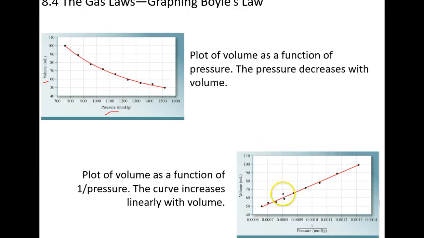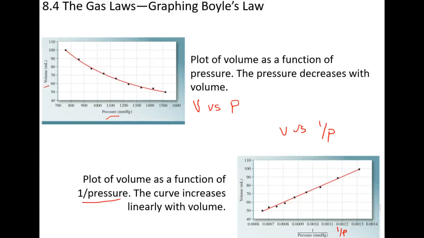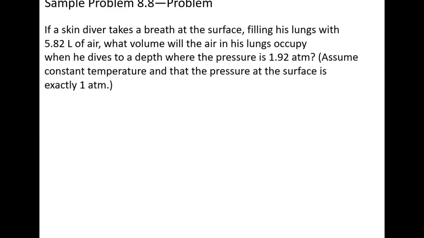You can kind of see that it regraphed it. This is volume versus pressure. This is volume versus 1 over pressure. It's the inverse. And notice you get a perfectly straight line. That's because of the mathematical relationship to each other. So when we do this lab in class, just remember you're going to have to do that. Or if you've already done it, then you know exactly what I'm talking about.